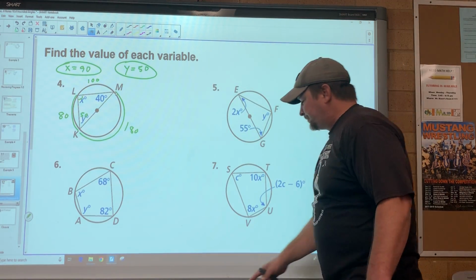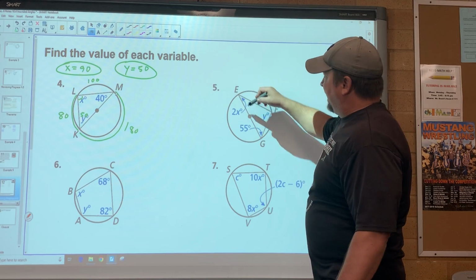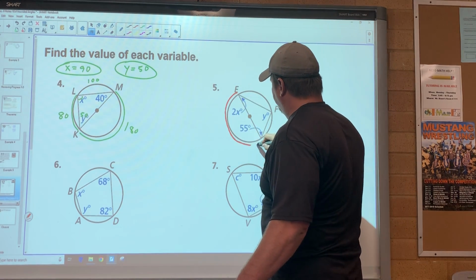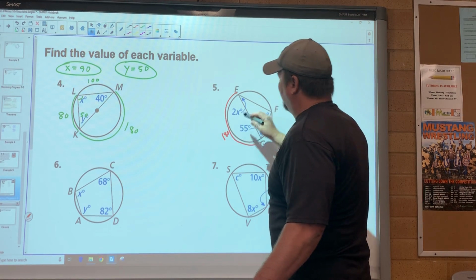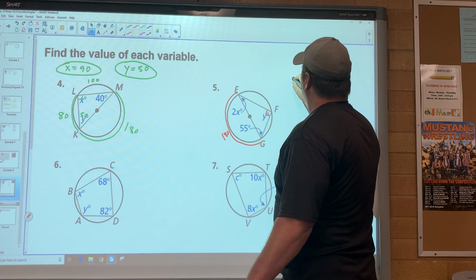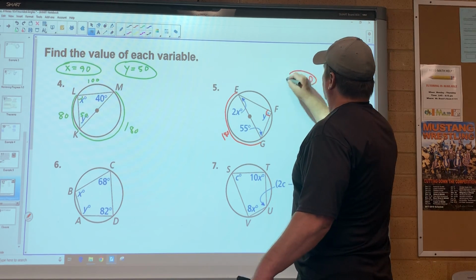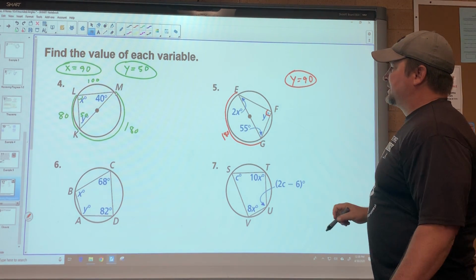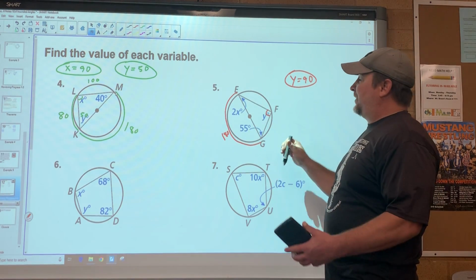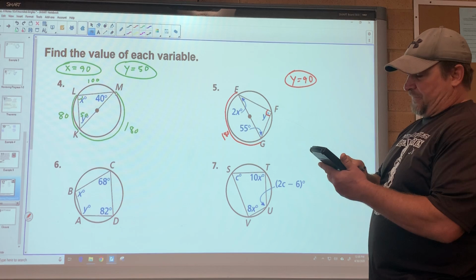Number 5. All right, we have a diameter again. It's important because then this would be 180 again. And that only happens if it goes through the center. So then this is 90. So y equals 90. And if y is 90, then the rest of this would have to be our 35, I believe. So we'll go 90 minus 55.